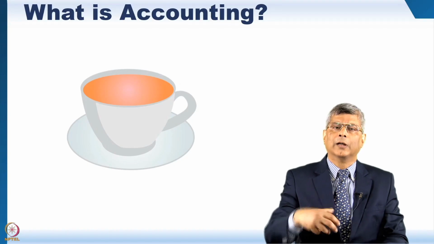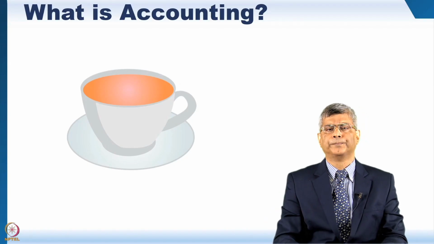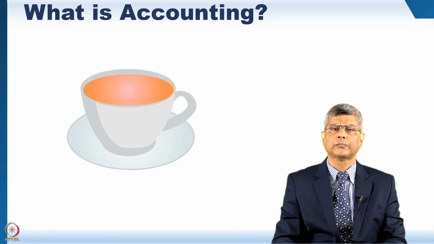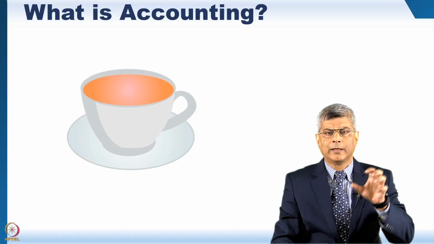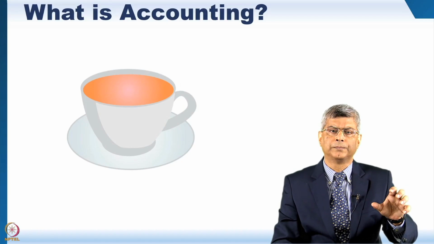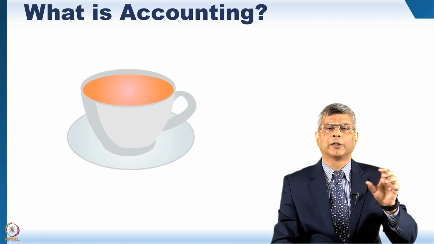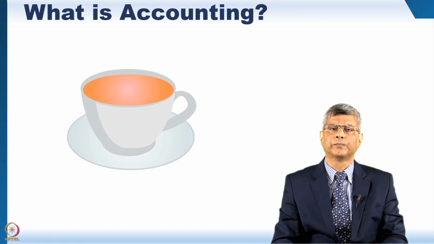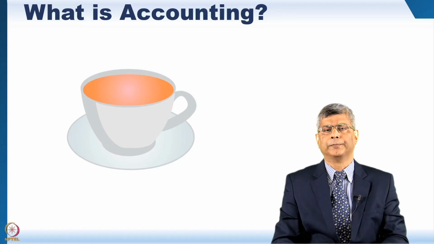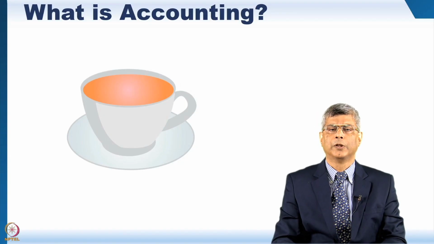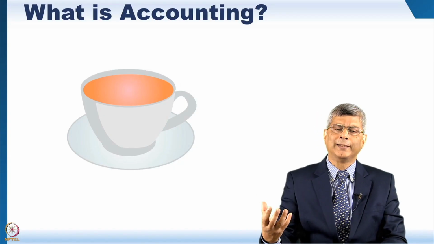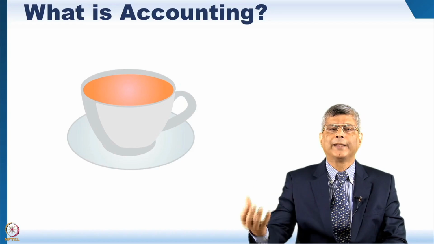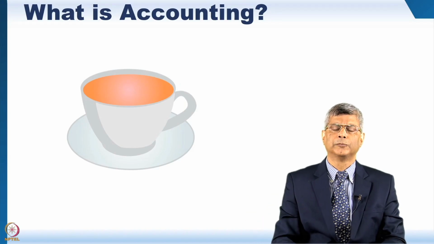Let's talk about a third dimension. Let's say I have bought 80 rupees worth of milk, sugar, and tea from a grocery shop. But because I don't have money in the morning, I have taken it on credit. So I've taken a loan.